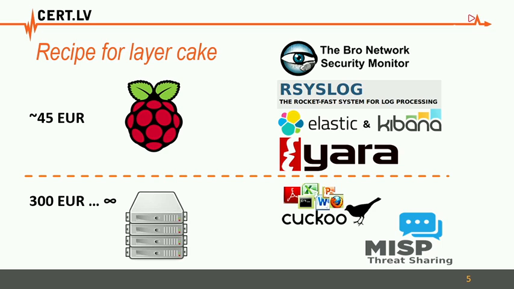So the recipe goes that those tools on top, as you can see, is Bro IDS, which is basically the main player on the lower level. Bro IDS also could be, you could add Suricata IDS, for example, in combination with Bro IDS. And I'm again mentioning Suricata, not Snort, because Suricata is the one that is able to utilize several cores of the CPU, and Snort has a problem with that, even in the latest version.